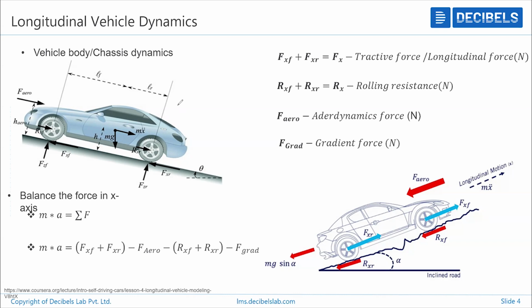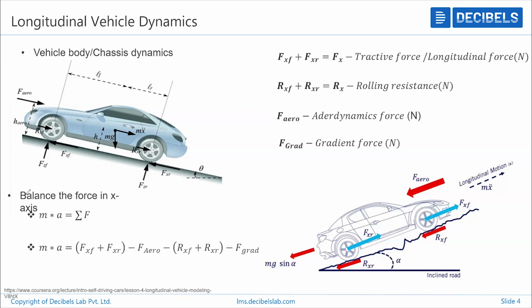We will be estimating what is required in order to move an object, and what all the resistive forces are that give resistance to the movement of the vehicle. We will calculate that, and then based on that we will start designing our requirements.